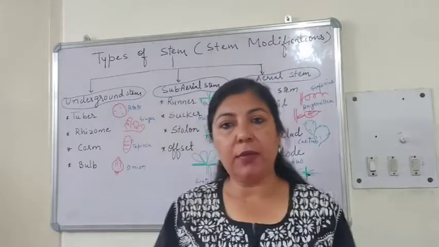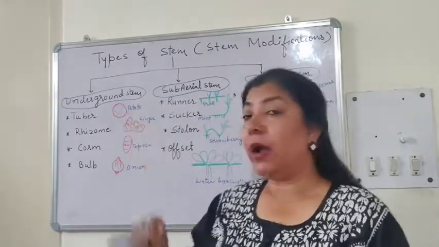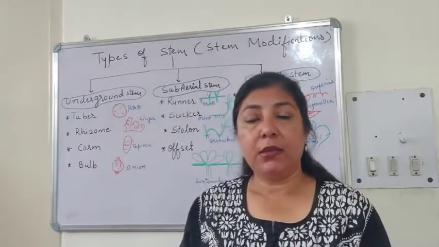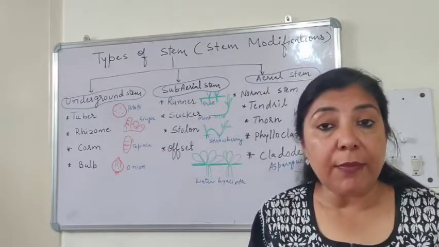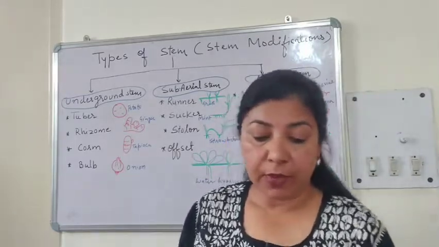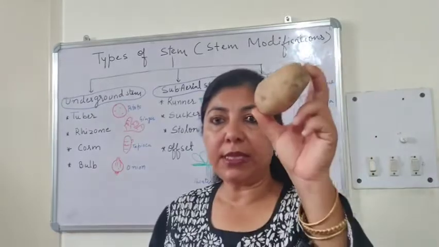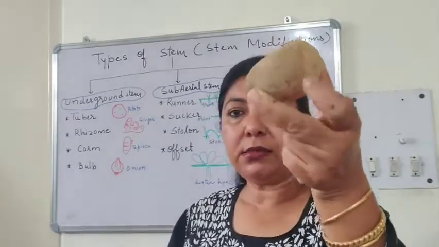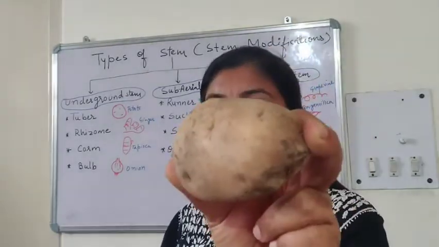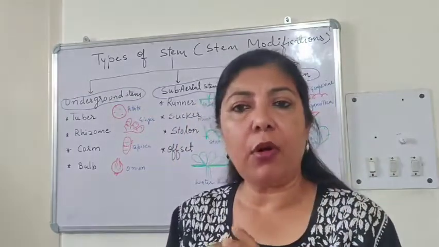So let us first talk about the underground stems. Generally people confuse them with roots. If I show you this thing, what is this? Potato. Is this a stem or a root?